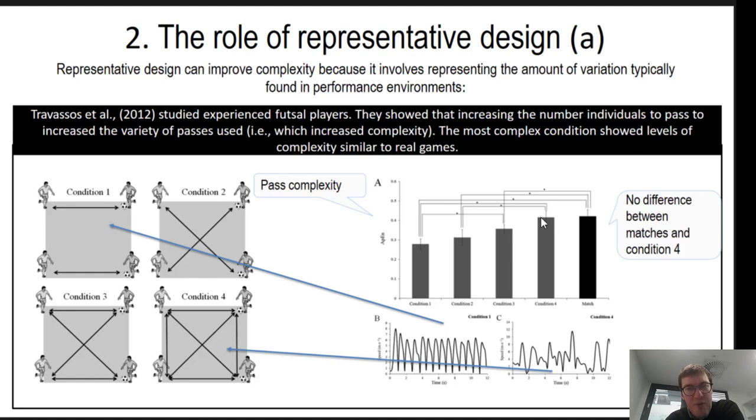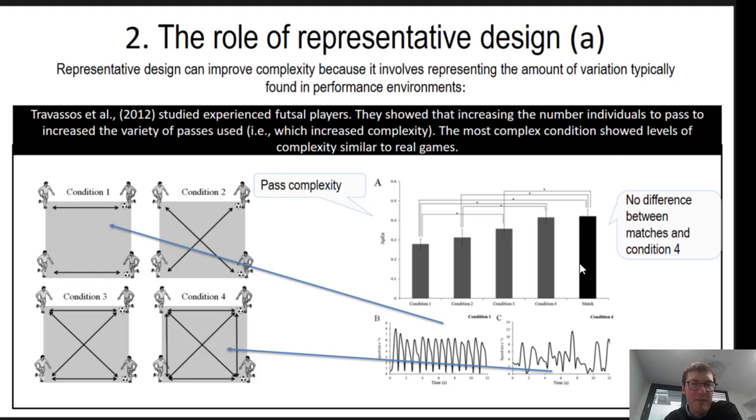And then what we see here is there's no difference between the amount of complexity in these ball velocity time series data under condition 4 compared to the match condition. So that shows that there's a matched level of complexity, or at least the variation in the way in which people have to pass is somewhat similar to matches.